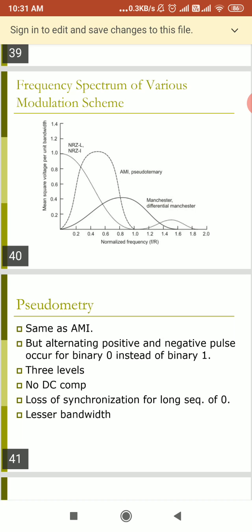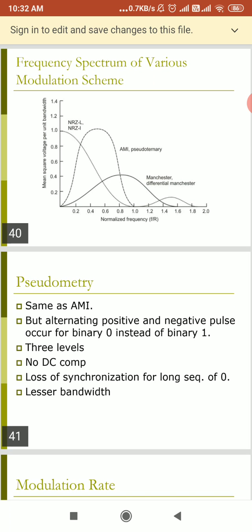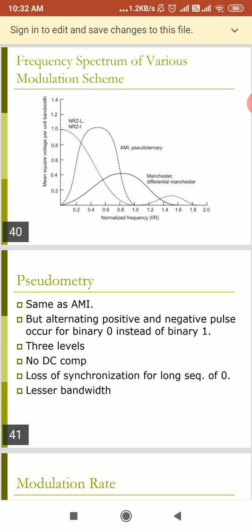If we talk about pseudo-ternary, it is the same as bipolar, working as AMI, but with alternating positive and negative pulses taken for binary 0.